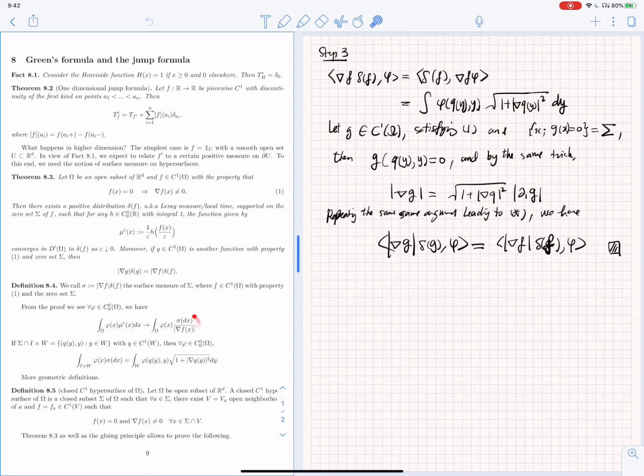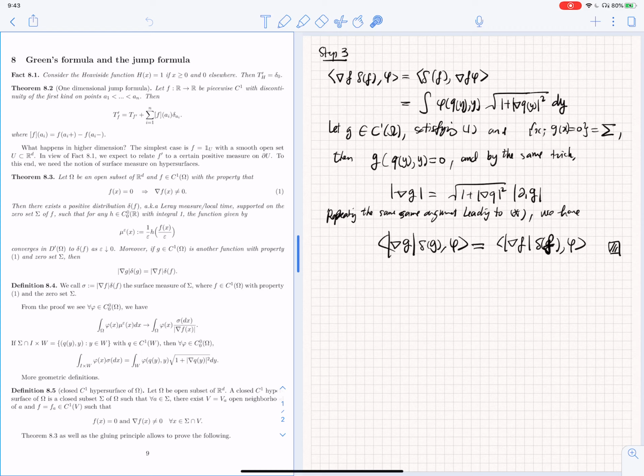Okay, so this makes sense. So this gives back this delta f, which is a local time or Lagrange measure supported on the zero set of f. So we showed that mu epsilon converges to delta f.